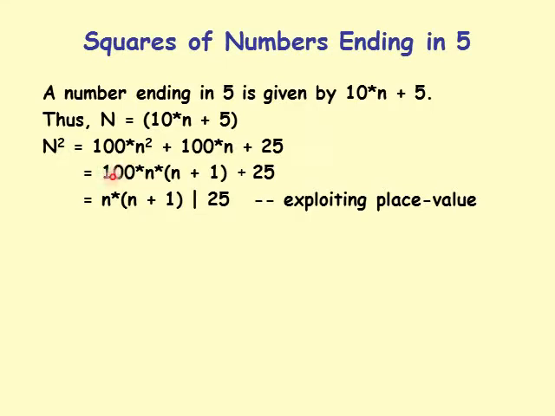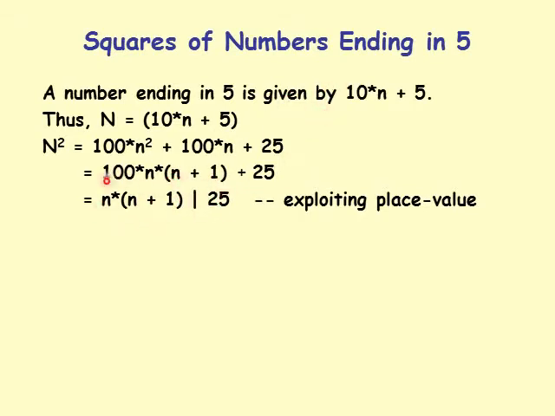So that is equal to n times n plus 1, and 25. We are trying to exploit the place value system here, because we shift the left part by 2 places to the left, which is multiplying by 100. So we usually say that on the left I get n times n plus 1, and then 25 on the right.